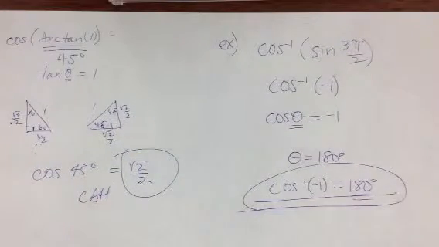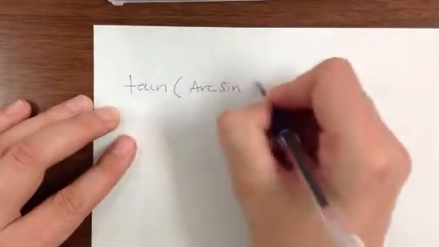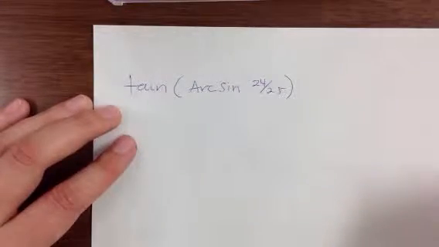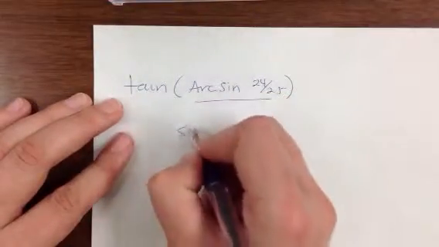Okay, and the last example we're going to do today: I want to find the tangent when the arc sine is 24 over 25. Now that doesn't look familiar at all, so I've got to break it down and actually draw a triangle and think about it.